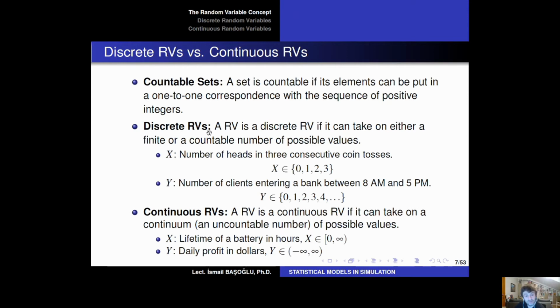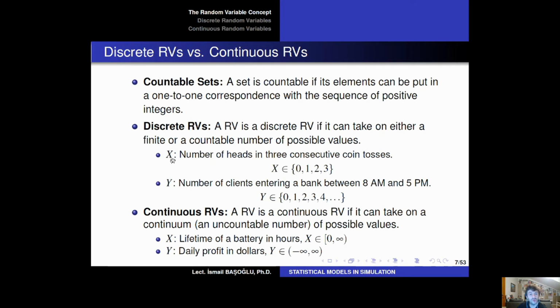What is a discrete random variable? A discrete random variable is a random variable which can take on either a finite or a countable number of possible values. Now you see, let's imagine this random variable x: the number of heads that we observe in 3 consecutive coin tosses.